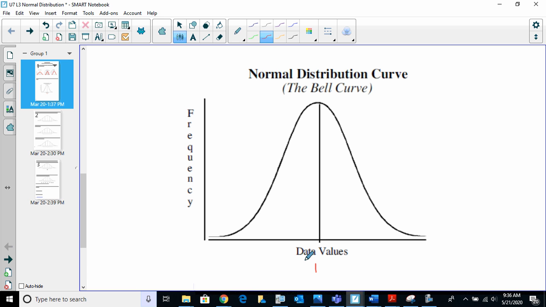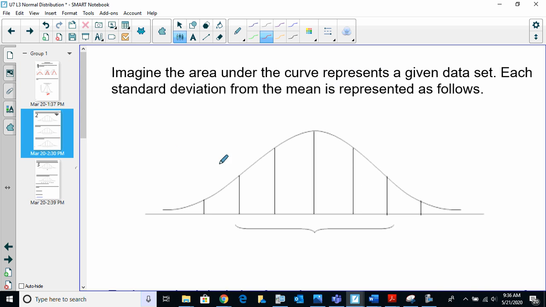And then it's divided into standard deviations. We will see that next.